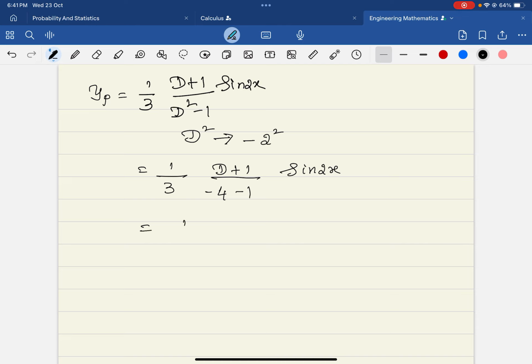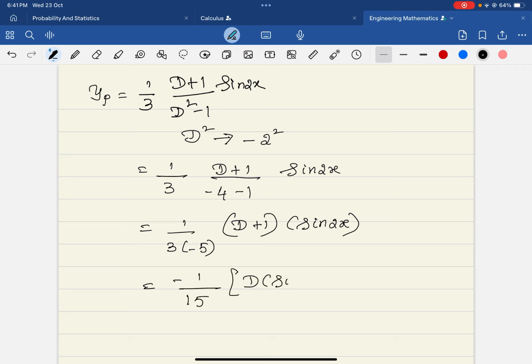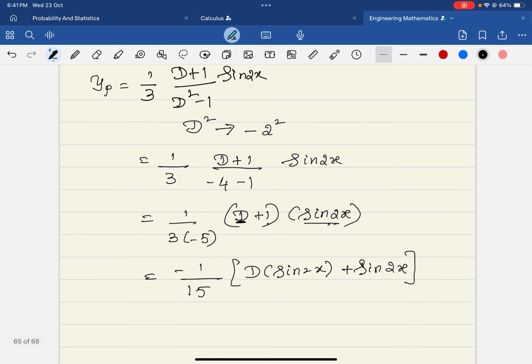That gives 1 by 3 times D plus 1 over minus 5 of sine 2x. So now that is minus 1 over 15 times D of sine 2x plus 1 into sine 2x. D means what? We know that it is d by dx.